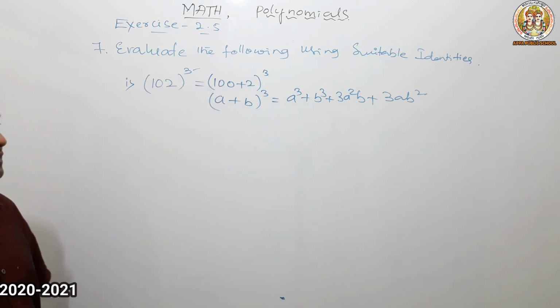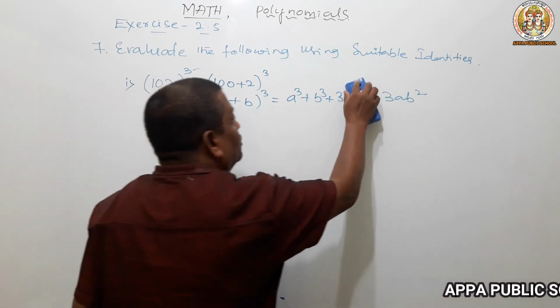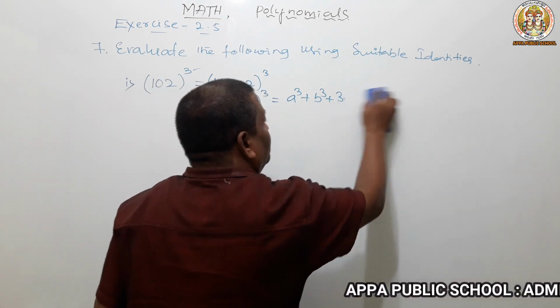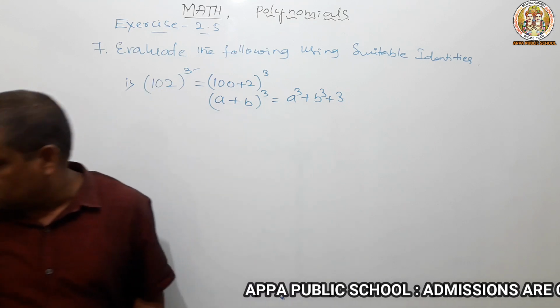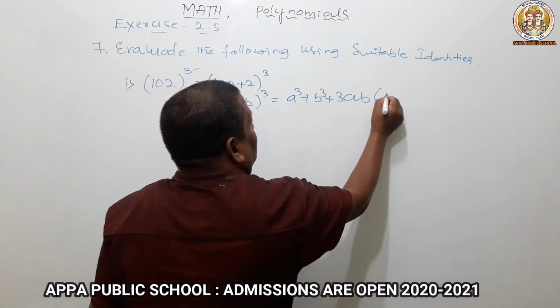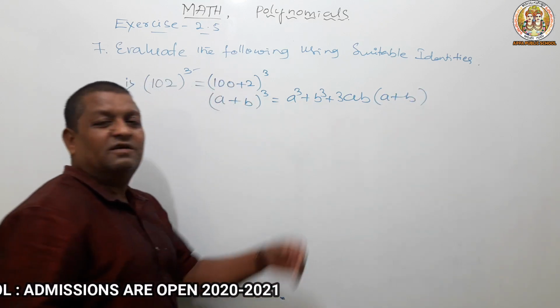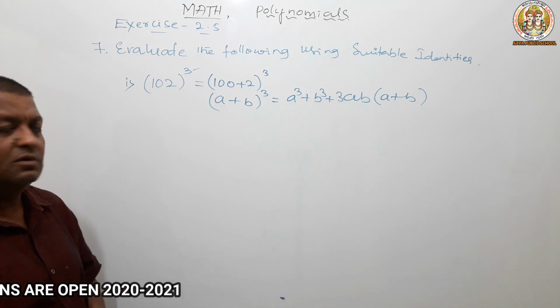You can use this or the simple direct method, 3ab of a plus b. Both formulas you can apply here, no problem. Which one? Your choice.